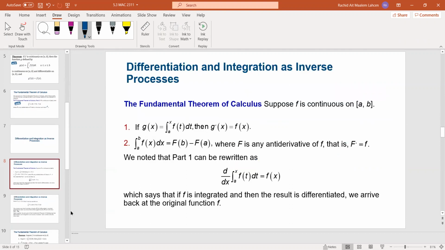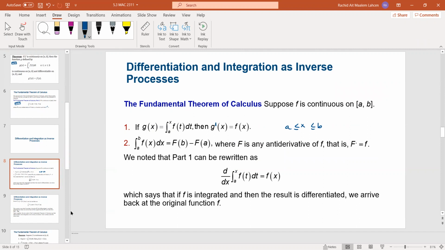So briefly, what happens? In part one, you have a function g of x equal to the integral from a to x of f of t dt, where x is between a and b, and g prime is f of x.